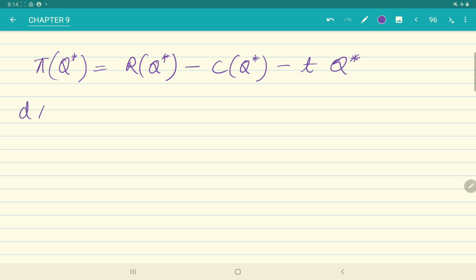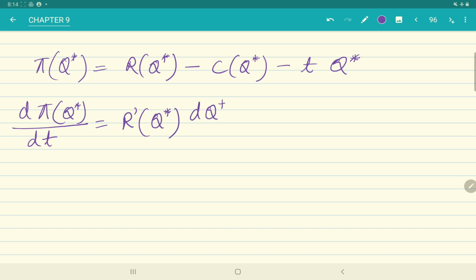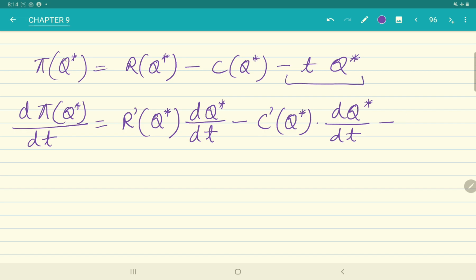So I write d pi q star by dt, that is equal to r prime q star dq star by dt, minus c prime q star into dq star by dt, minus, now we apply the product rule.